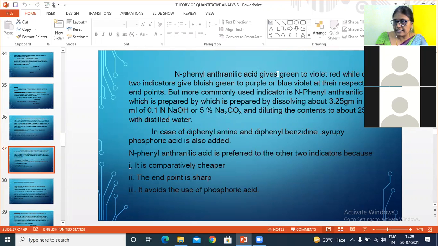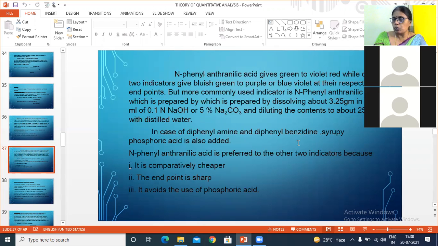N-phenyl anthranilic acid gives green to violet, while the other two indicators give bluish green to purple or blue violet at their respective endpoints. So for N-phenyl anthranilic acid, before titration the color is green, and the endpoint is violet red.